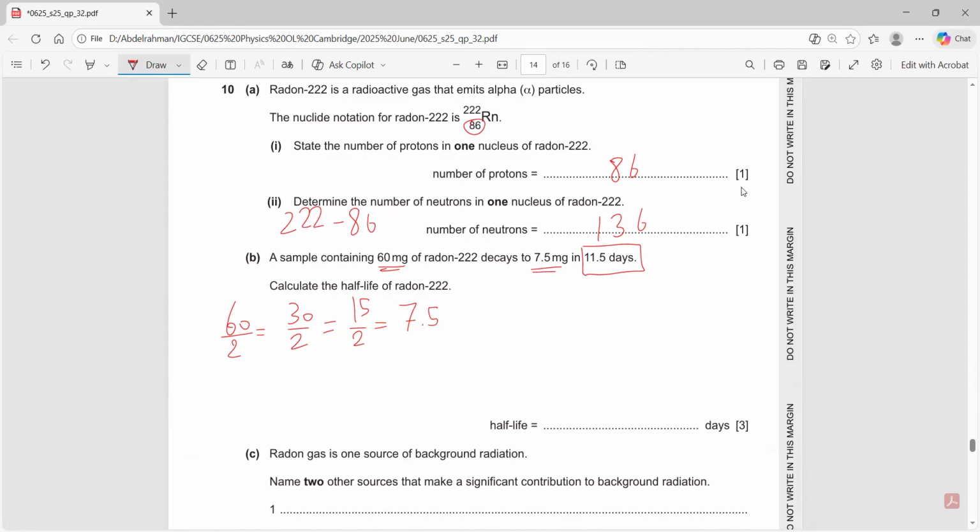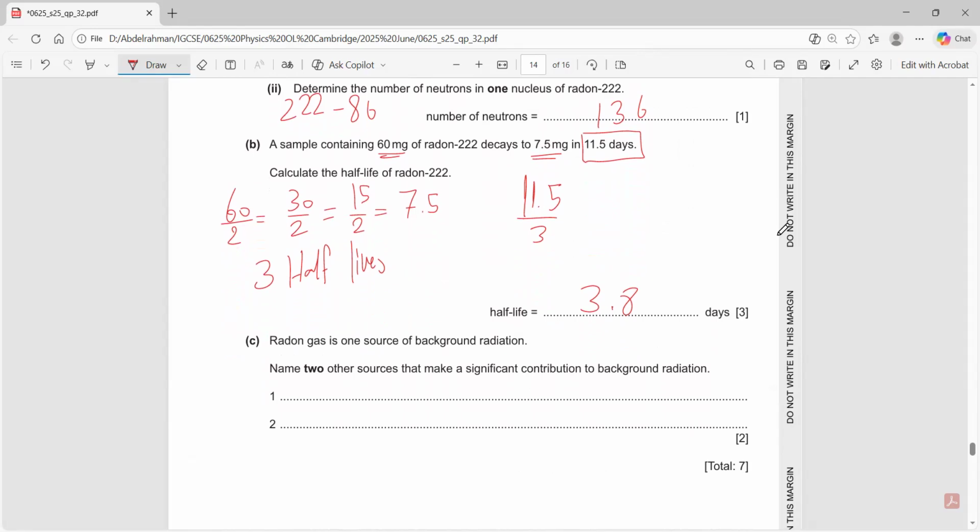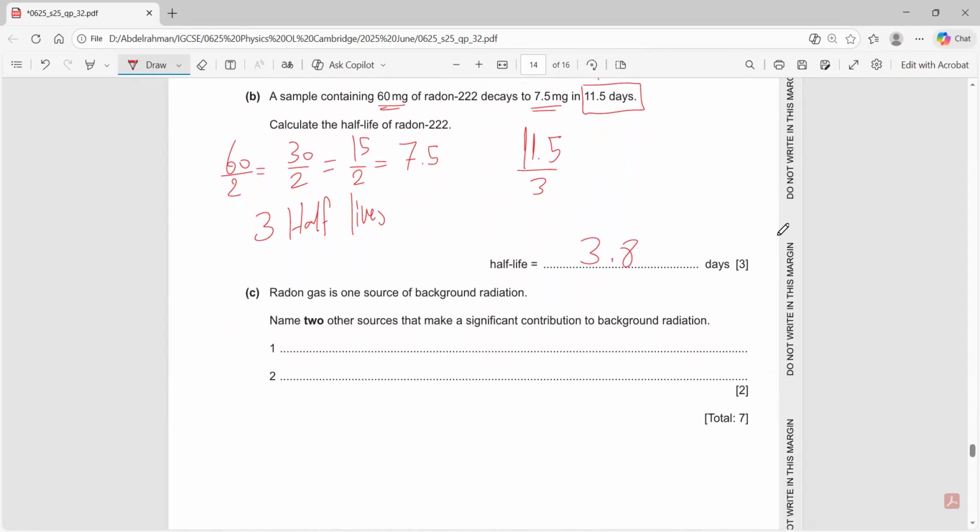So it took 3 half-lives to go from 60 milligrams to 7.5 milligrams. These 3 half-lives happened in 11.5 days. So if you divide 11.5 by 3, this would be 3.8 days. So after 3.8 days, divide by 2, and then another 3.8 days, divide by 2, and then again, divide by 2.